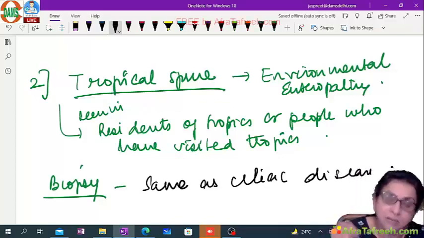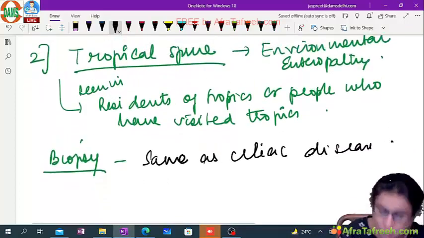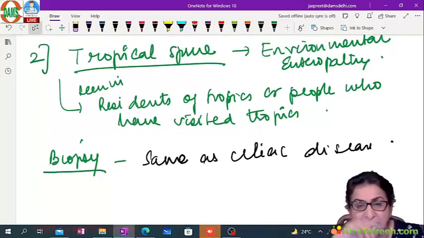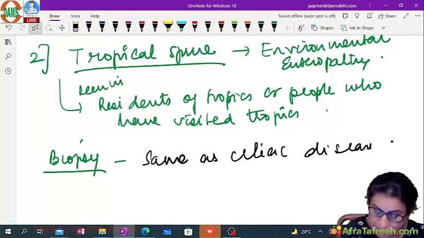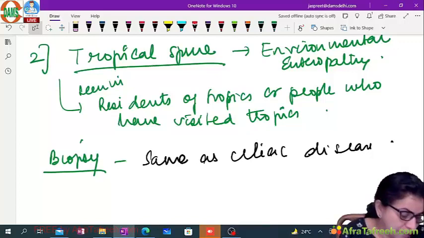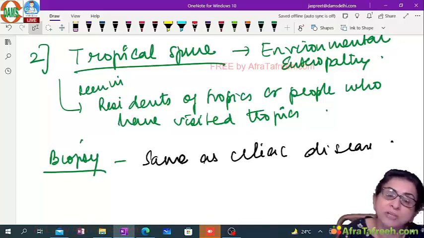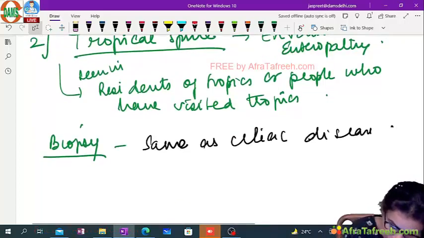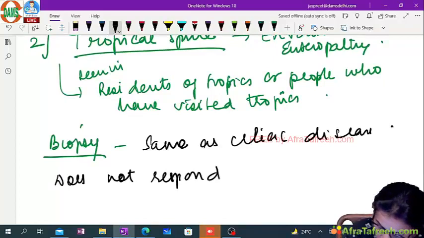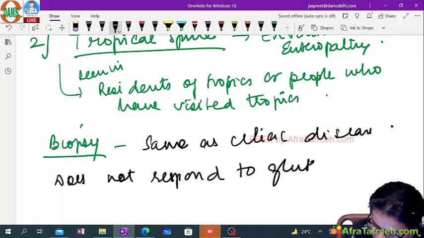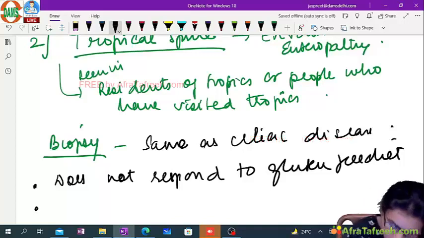But what is the treatment of celiac? Gluten-free diet. You give them a gluten-free diet. But in case of tropical sprue, it does not respond to a gluten-free diet. So, one, tropical sprue does not respond to a gluten-free diet.